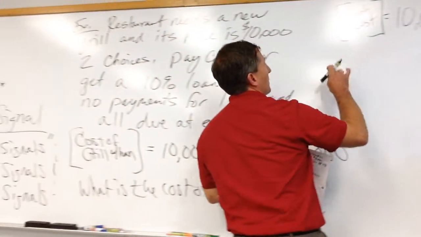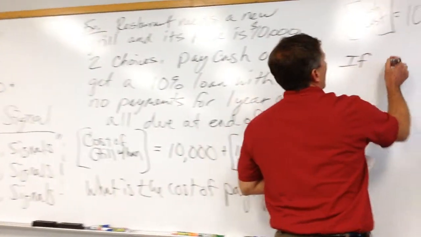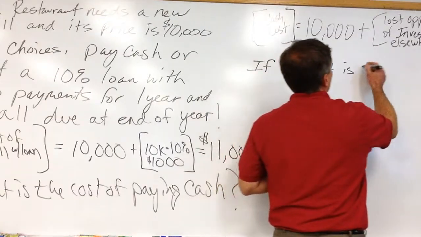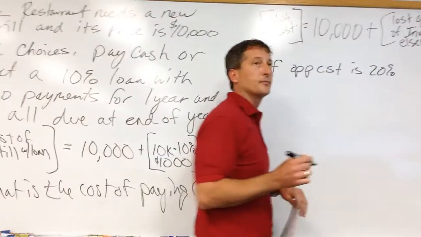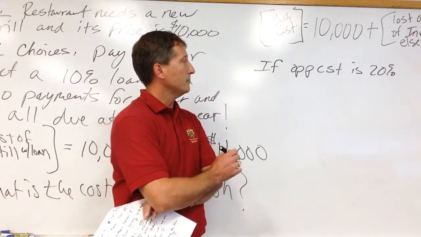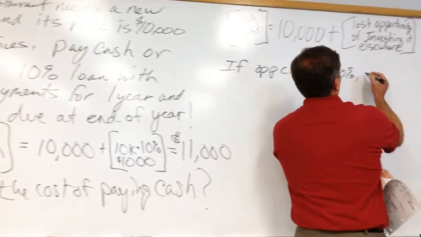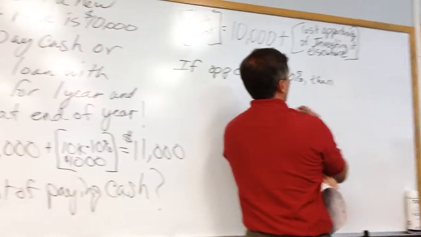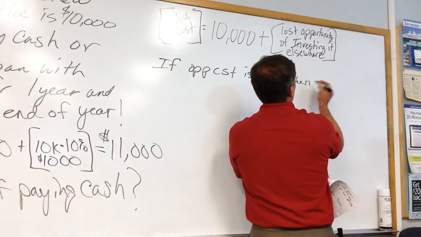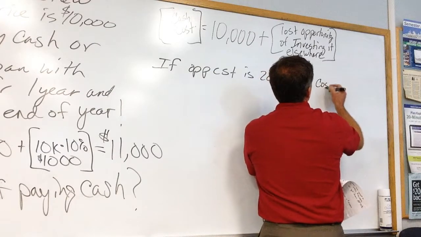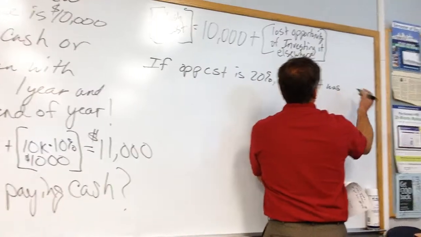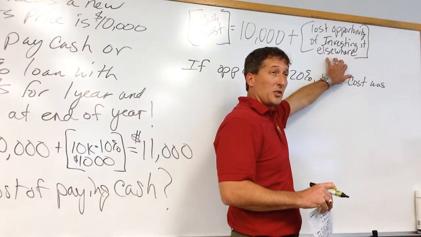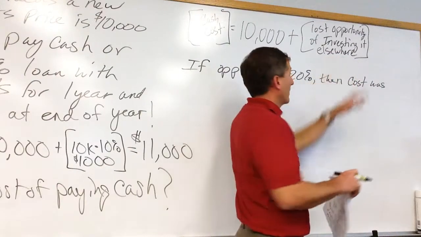And so from this example, if opportunity cost is 20%, then the cost of paying cash: we gave up the cash, so we lost the $2,000 of interest, right?